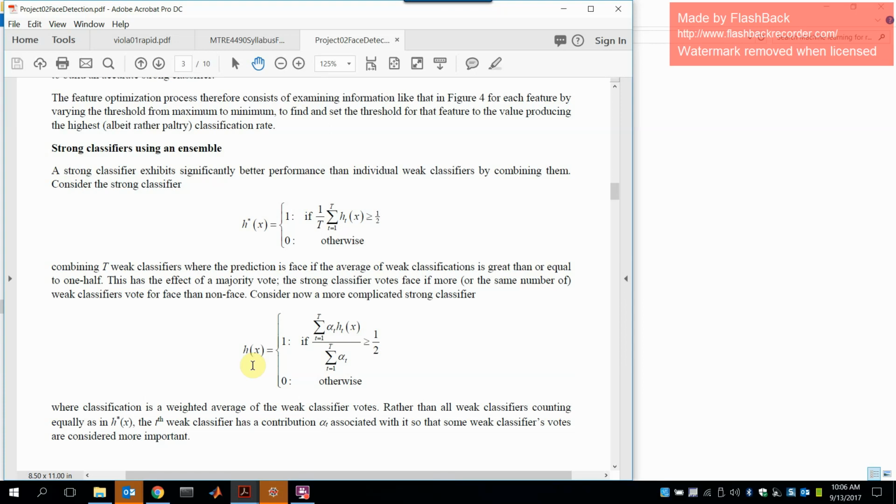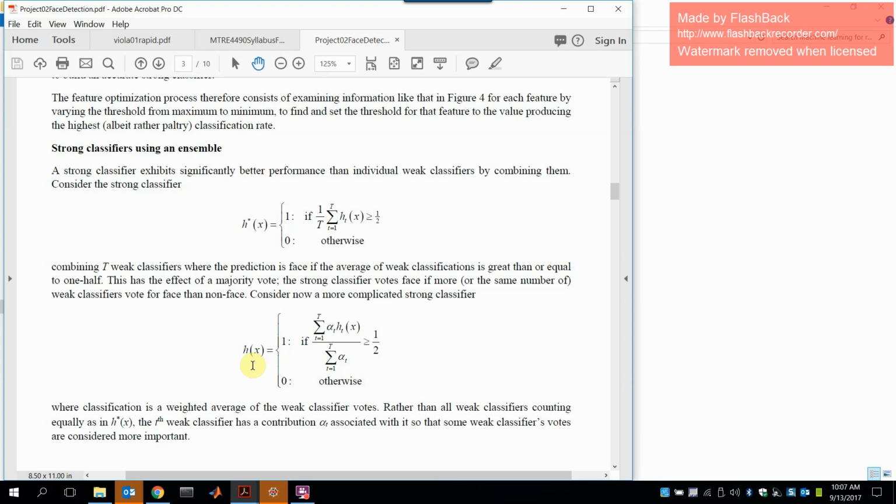In the election for the president, California gets more electoral votes than Rhode Island does. So California's vote counts more than someone else's vote, and that's the same thing we're doing here. Different weak classifiers are going to have different strengths of voting. So that's the main piece that makes this a little different than just a majority vote.